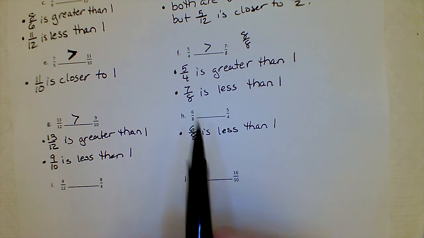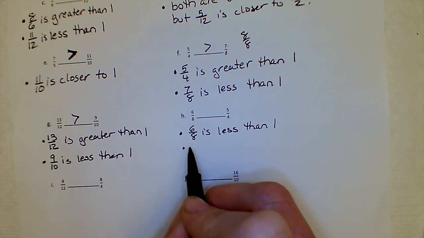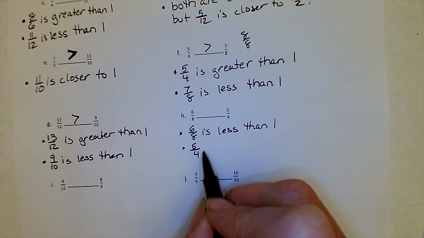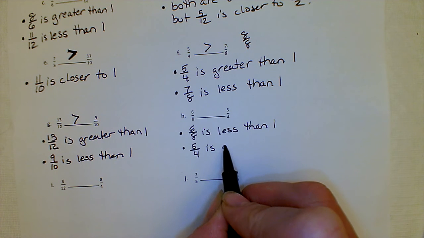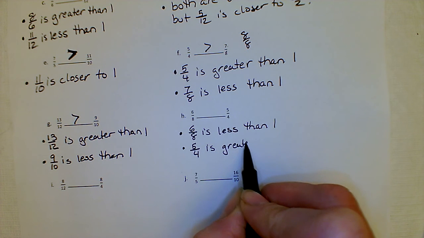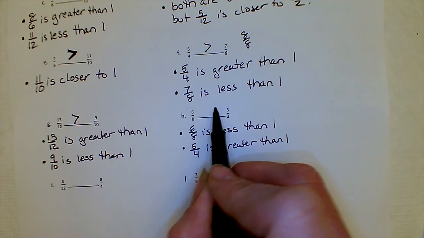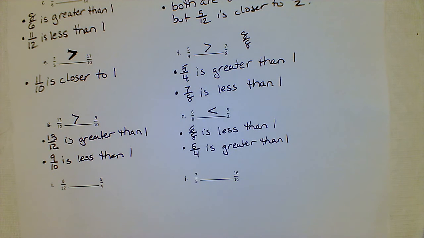What about 5/4? Well, 5/4, 5 is greater than 4, so now I know that's a fraction greater than 1. 5/4 is greater than 1. So 5/4 wins. It's bigger. Or I guess it loses because the alligator's going to eat it, right?